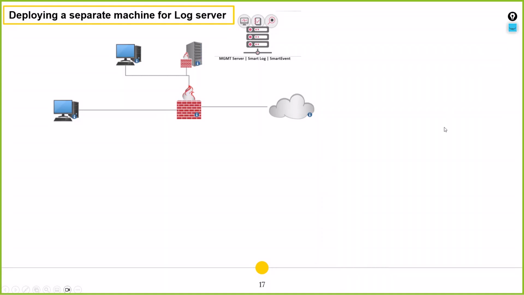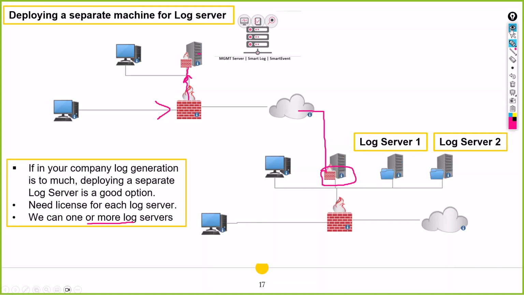But actually we have options. You can deploy other machines as log servers only. So you can set it like this: okay, the management server, we know we have to create the policies from here and it will push to the gateway. But once the gateway has to send the logs, it won't send to the management server. We have now deployed two other machines for this.